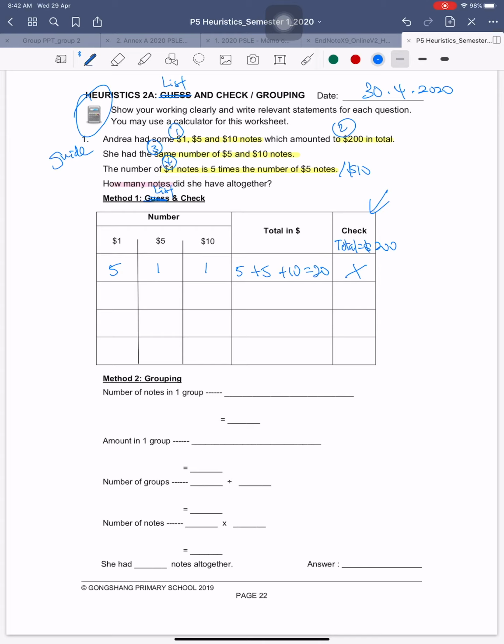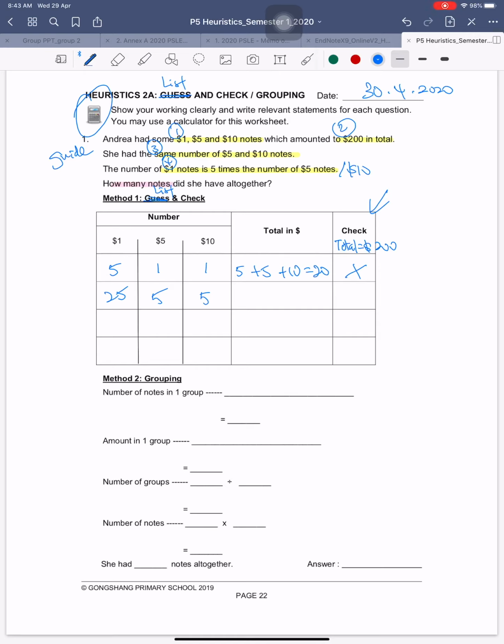Alright, so let's try 5 times. 1 times 5, that means 5 times 5, 25. Remember condition number 4: the number of $1 notes is 5 times the number of $5 notes. So 5 times 5, 25.